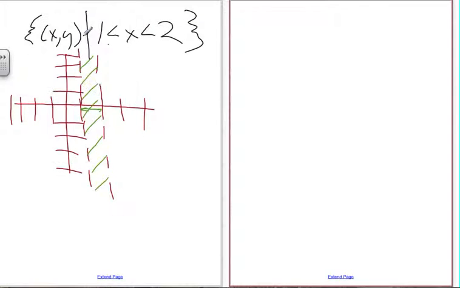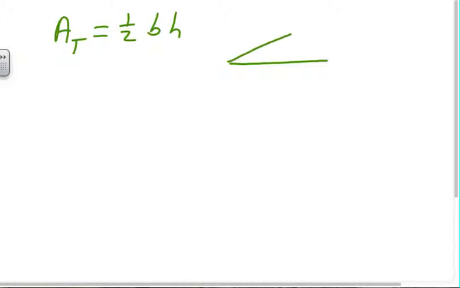Here's a fact you've probably forgotten, but you're going to need. The area of a triangle is equal to 1/2 base times the height. So if I give you this as your base, in this case your height is the perpendicular distance from your base to a vertex.